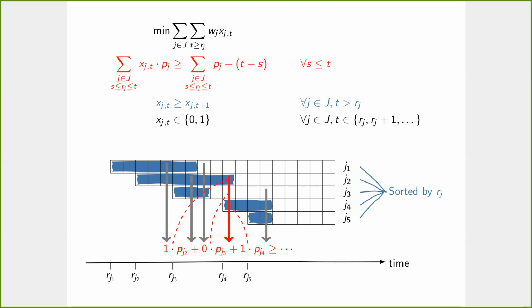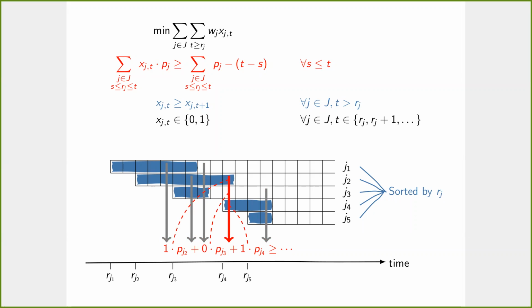And if we look at one particular of these constraints, then it gives us some requirement of how many jobs need to intersect with this vertical ray.